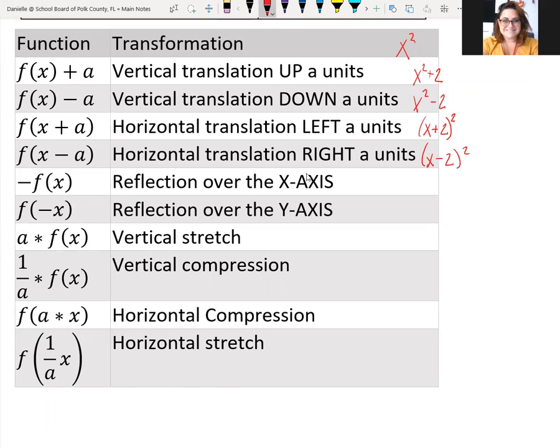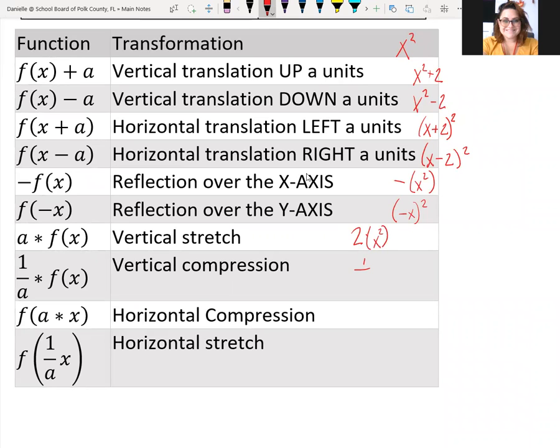Again, remember these two are a little funny. Left and right is always weird. Reflect over x, I would have negative x squared, and reflect over y, I would have negative x squared. So notice the difference in our negatives. For a compression, or I'm sorry, a vertical stretch, we're going to use 2 again. I would do 2 times x squared.